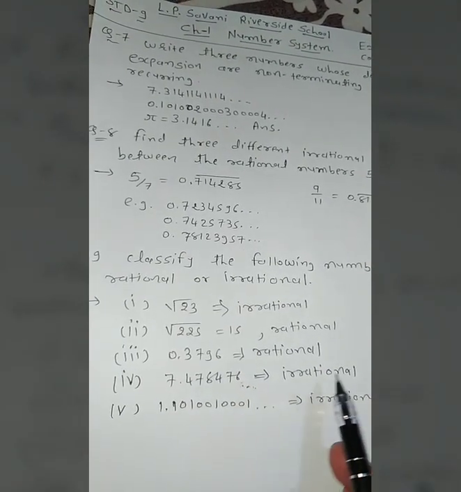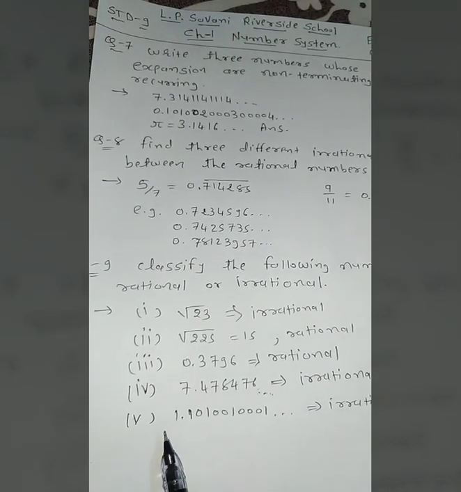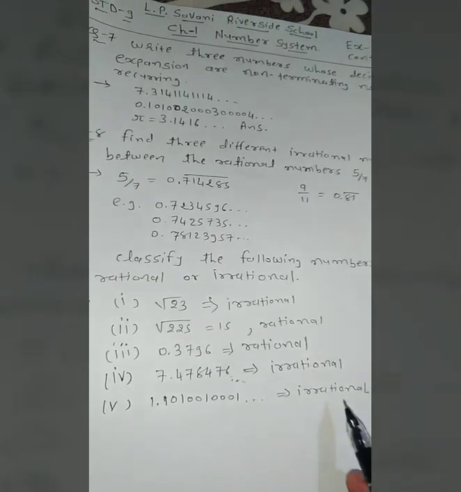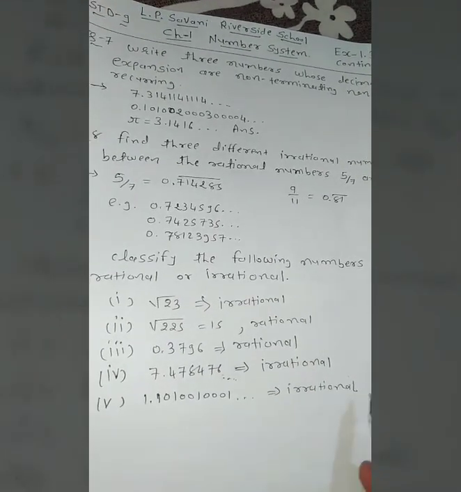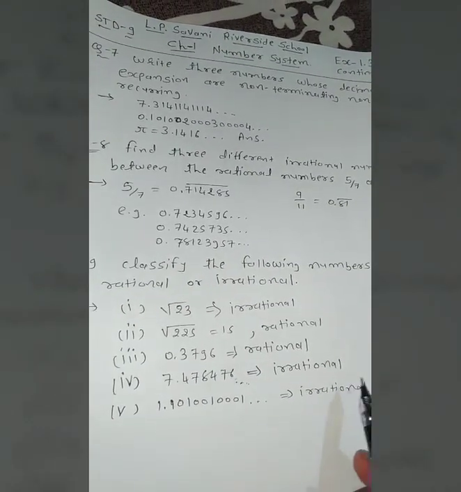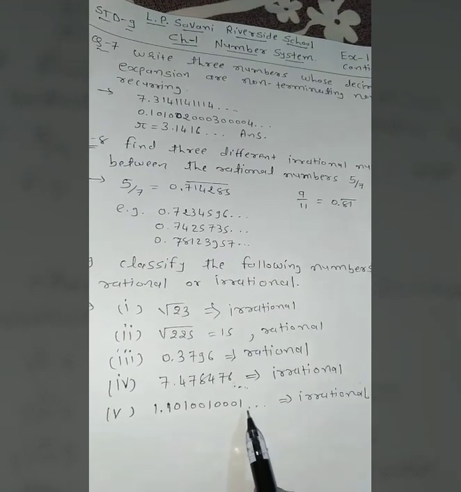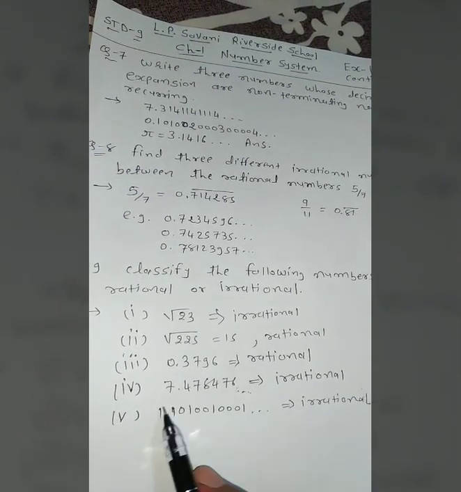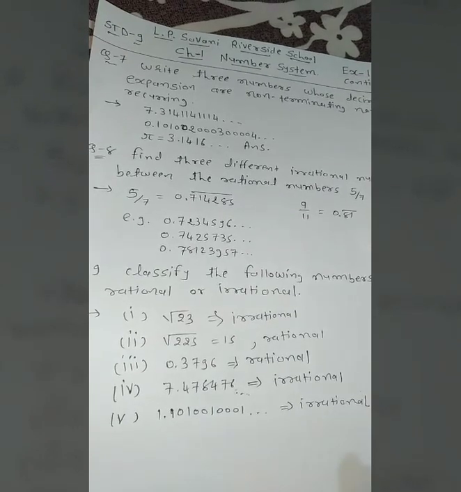And the last one, 1.1010010001... is an irrational number, because of the unlimited digits after the decimal point. So this is an irrational number.